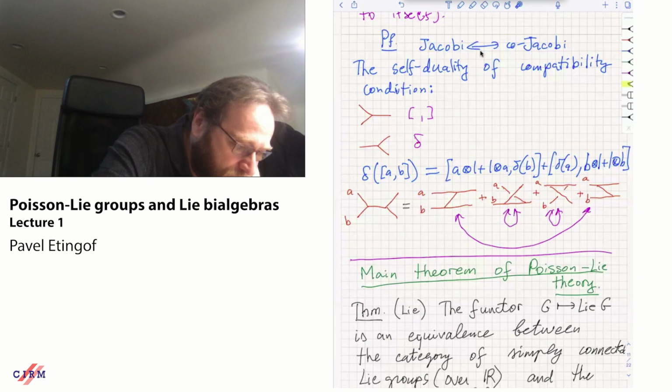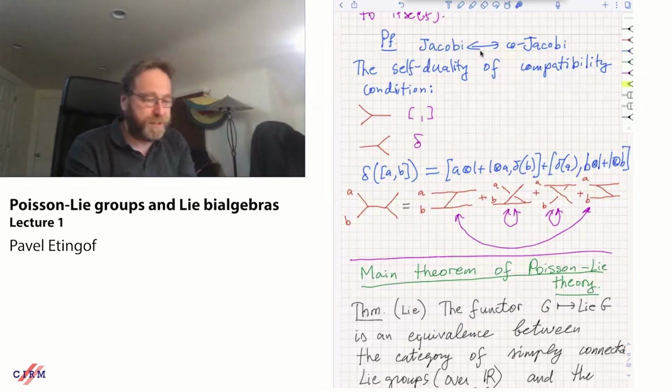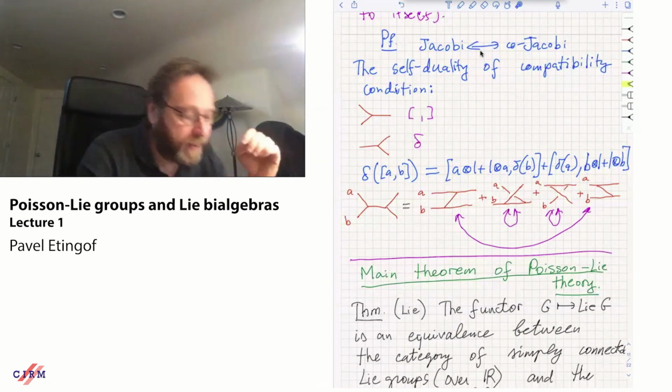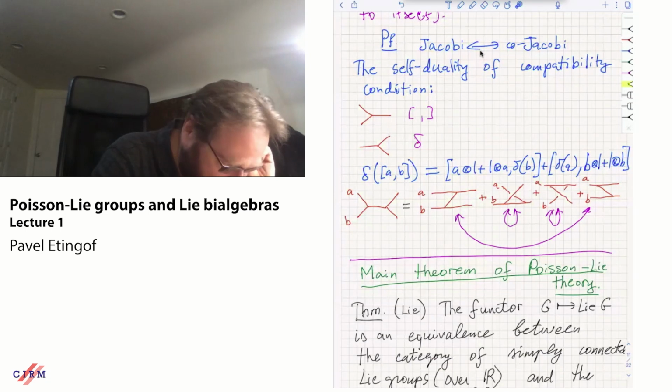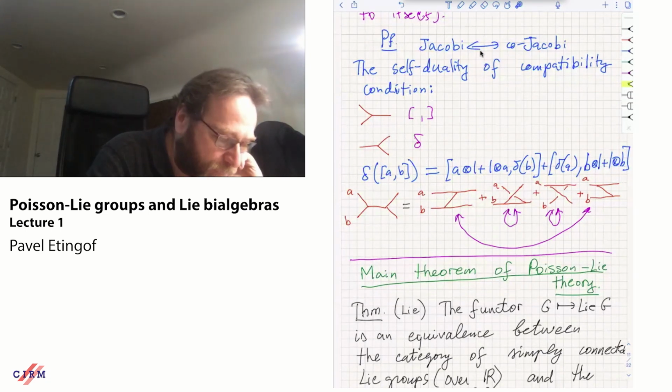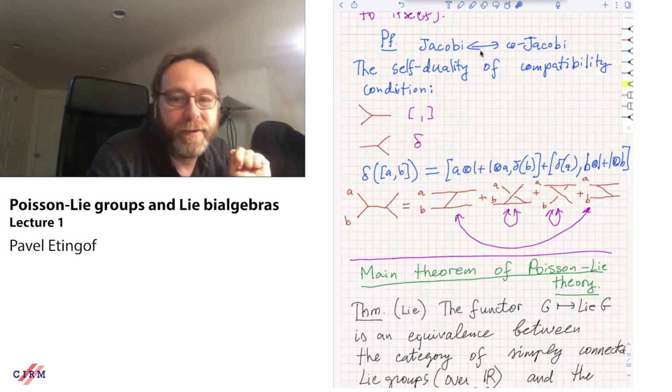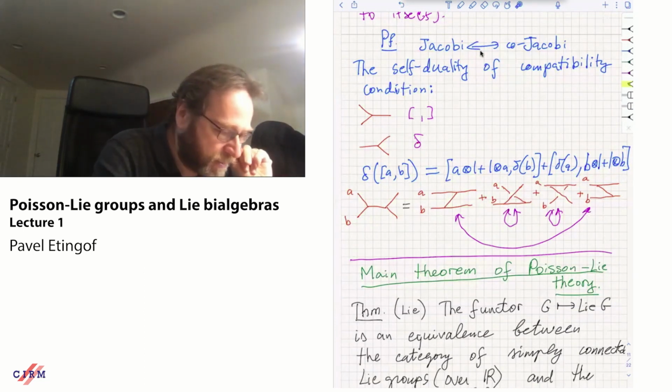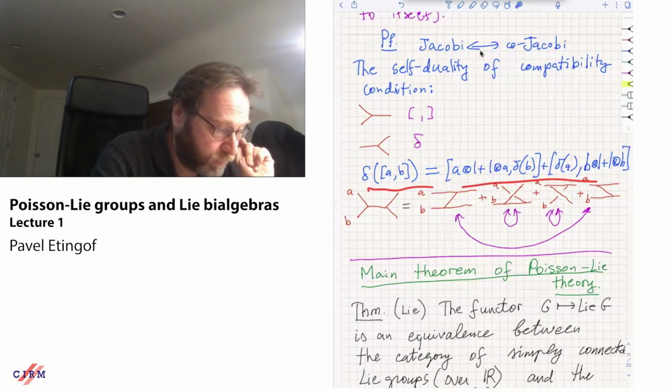If I reflect this one, it goes back to itself. And if I reflect this one, it goes back to itself. But since all these pictures are present, when I dualize this identity, I will get the same identity, with the only difference that the fourth and the first term will switch. So that shows that this identity is invariant with respect to this duality.